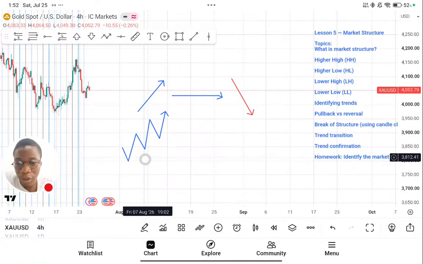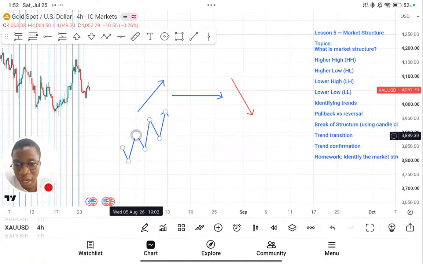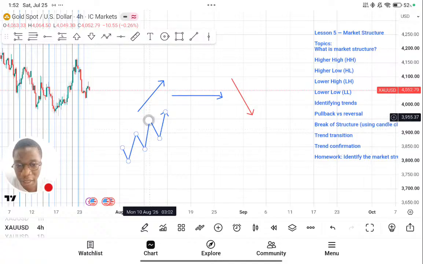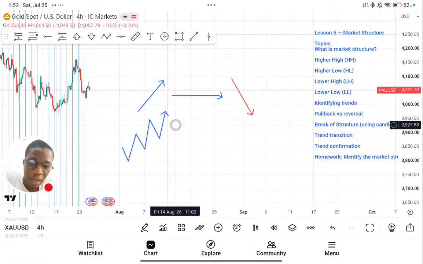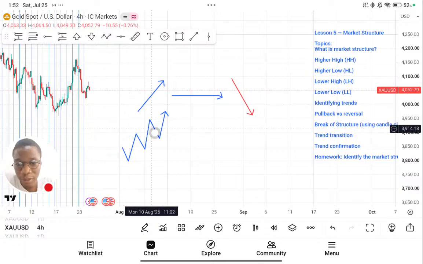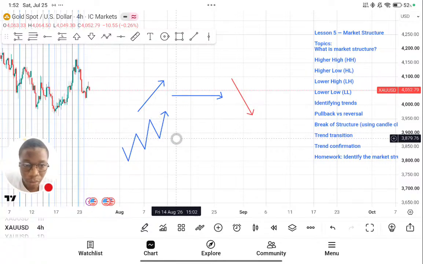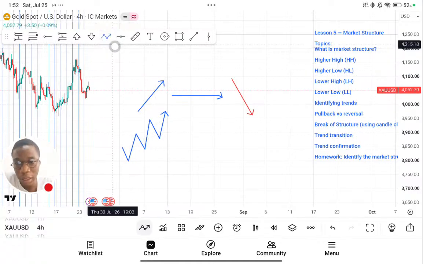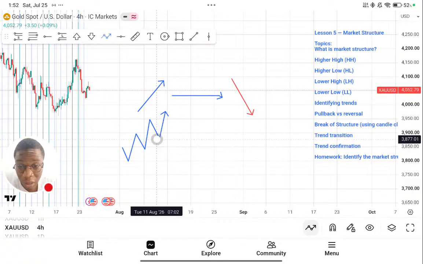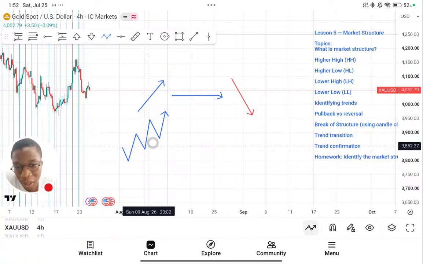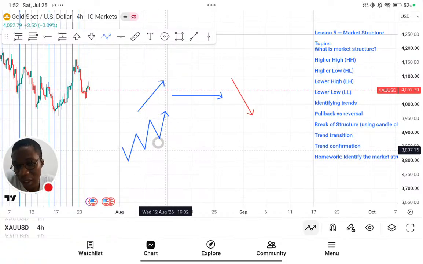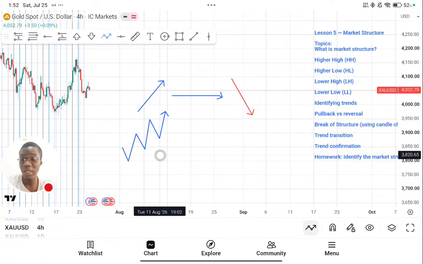So higher high, higher low, higher high, higher low, higher high, like that, until we have a point where a new low is taken out, then it will start indicating to us. Because in an uptrend, anytime a previous low gets taken out, it doesn't necessarily mean the market trend has changed immediately, but it's a signal that there's something happening.